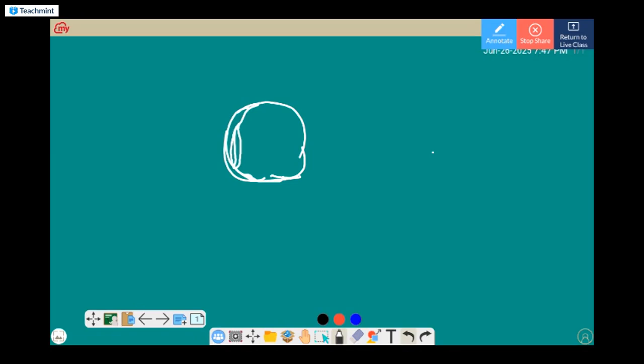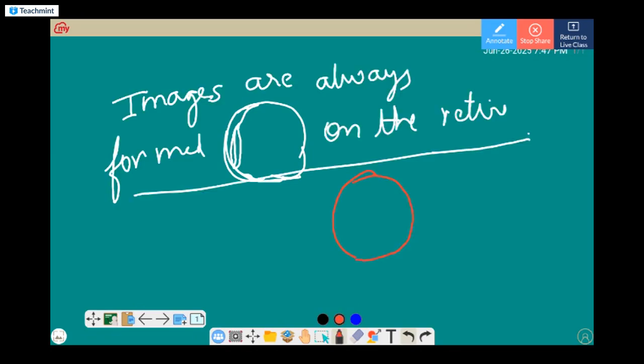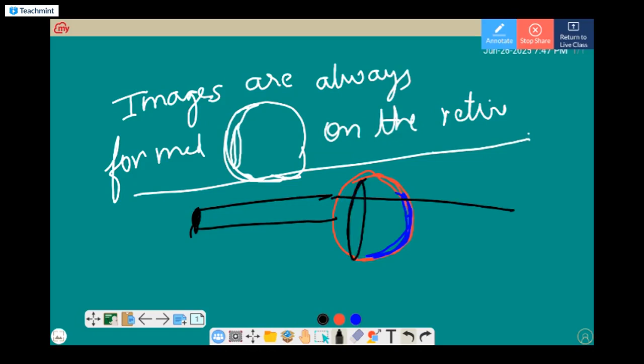Retina is almost at the back end of the eye, let's say this portion, the blue portion. Now suppose there is some object and rays are traveling through the eye, and I will tell you what type of lens our eye is naturally, and let's say they have got intersected in such a way that the image is formed much behind the retina, then that is a problem.